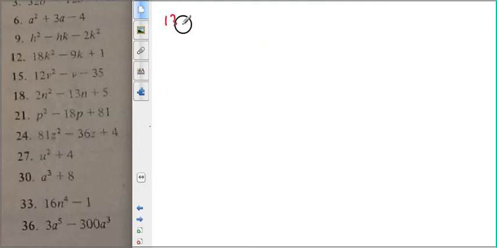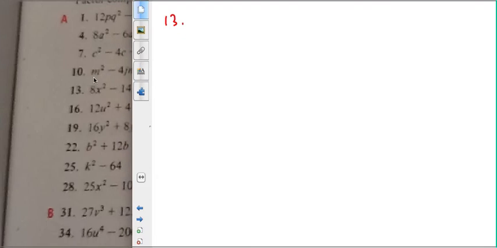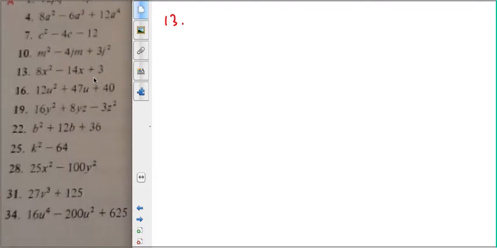Number 13. Then from here, 8x squared minus 14x plus 3. Which two numbers can multiply to 8, and then which two numbers multiply to 3 but add up to negative 14? Let's try. Maybe 1 and 8, or 2 and 4.